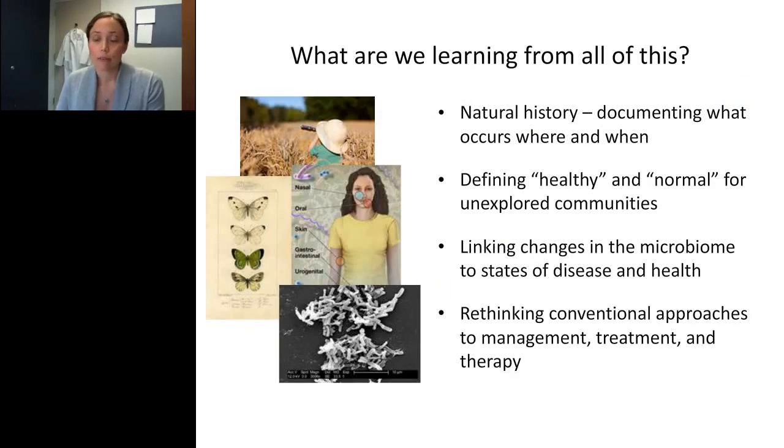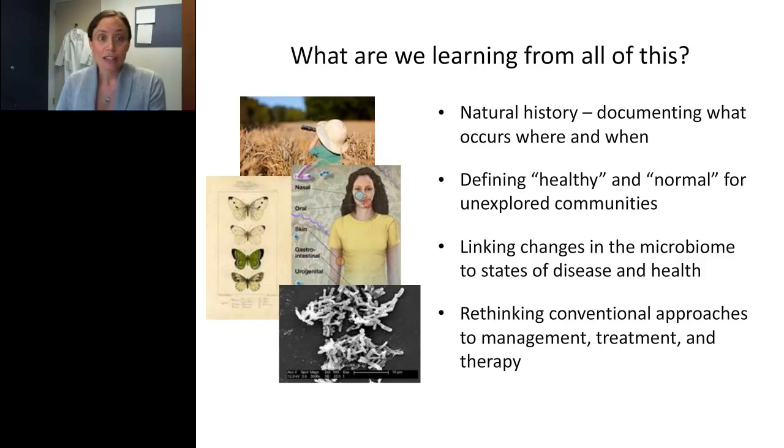And what are we learning from all of this? It's been about 10 years since the first articles describing next-gen sequencing were published, and about 8 years since the launch of the Human Microbiome Project. And really what we've learned from this to date has been, in large part, natural history. A large amount of time and effort has gone into documenting what occurs when and where, and it's led to helping us define, or at least begin to define, healthy and normal for a variety of community types.